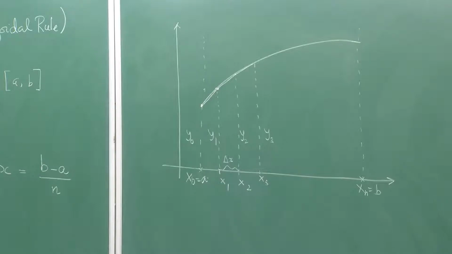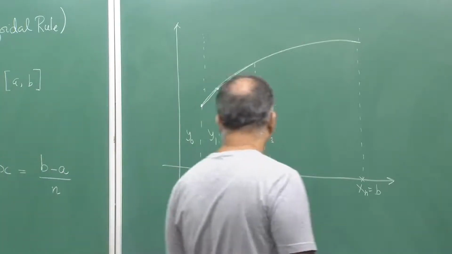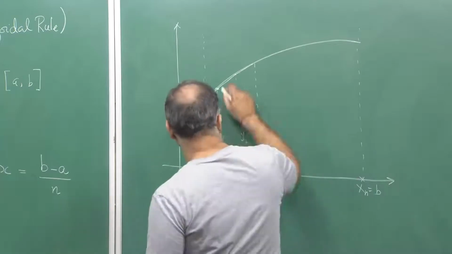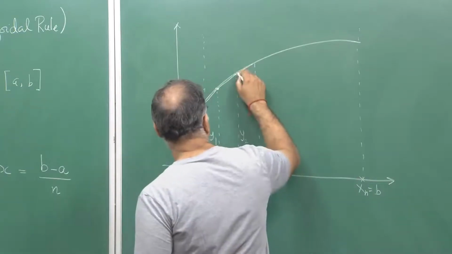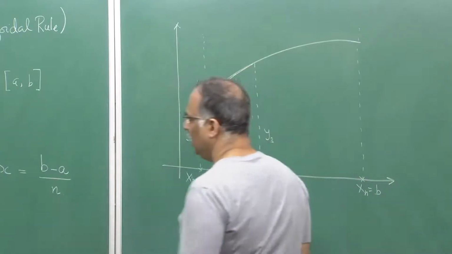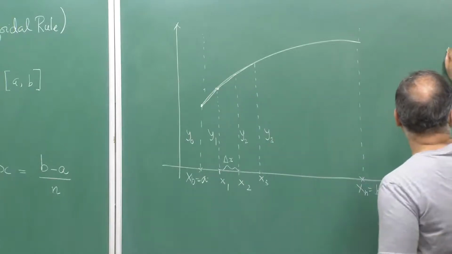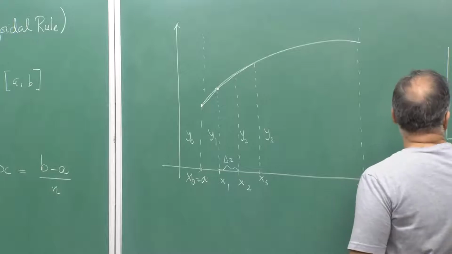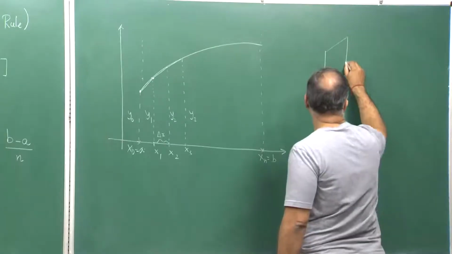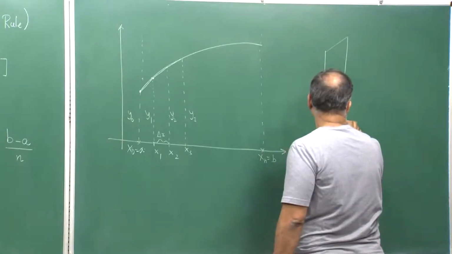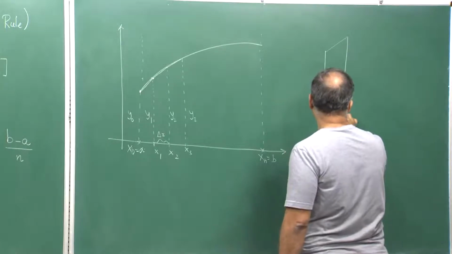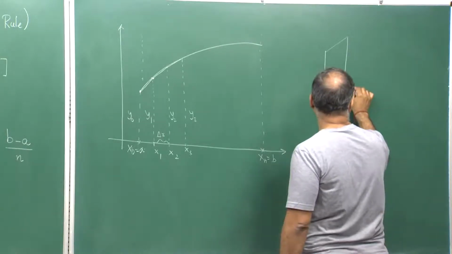Now, what is the area of this trapezoid, which has parallel sides y1 and y2? How do I find it? Let me look at it this way. This is my delta x, this is my y1, this is my y2.